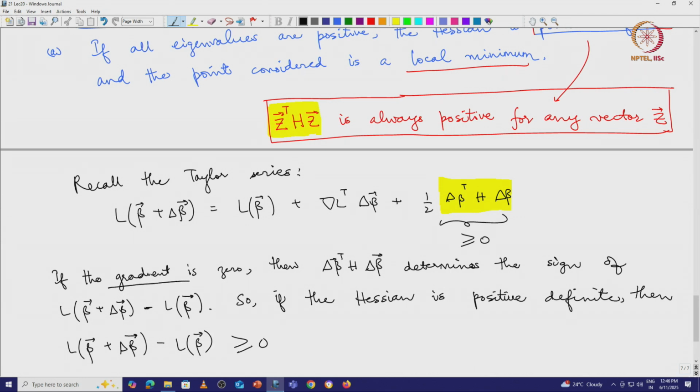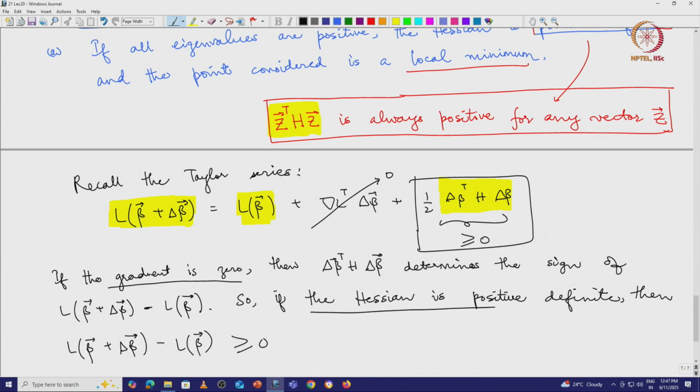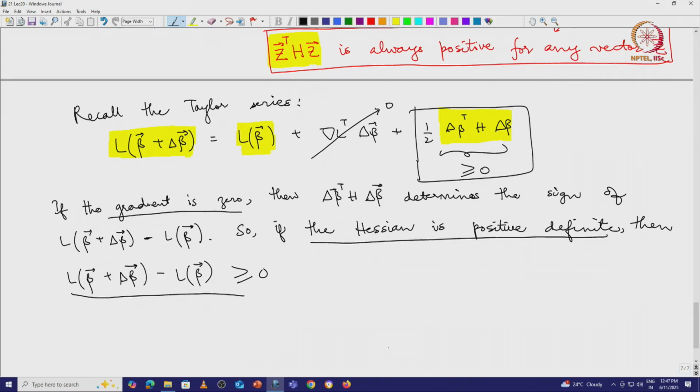Because at the minimum the gradient is 0. So, this term goes off. So, whatever is remaining determines the sign of L of beta plus delta beta minus L of beta. So, if the gradient is 0 and the Hessian is positive definite, then L of beta plus delta beta minus L of beta is greater than or equal to 0.